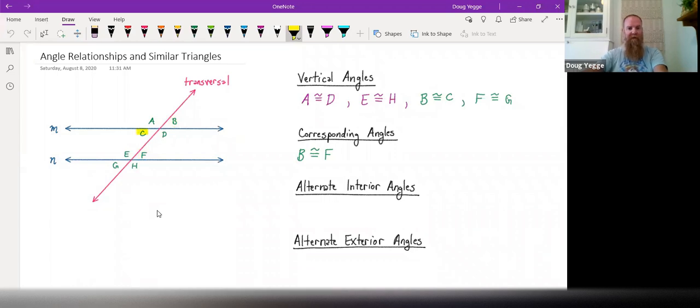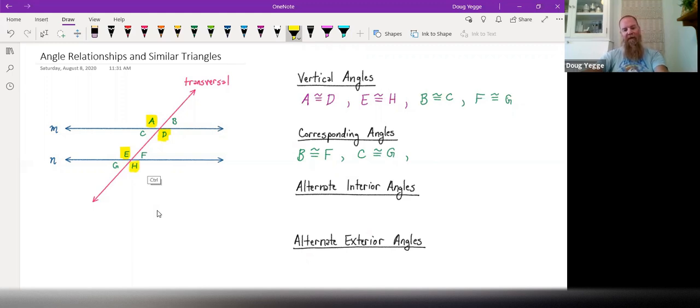We could see that C, being in the bottom left portion of that transversal, will be congruent to G. So C is congruent to G, because they are corresponding angles. Now we could see a few other corresponding angles. We could see that A, being in the top left, is going to be congruent to E. And likewise, D will be congruent to H.